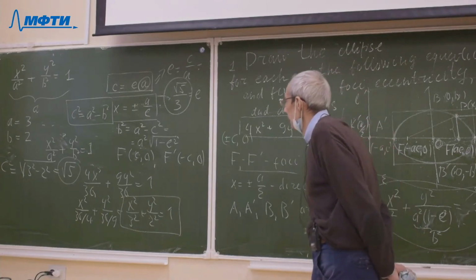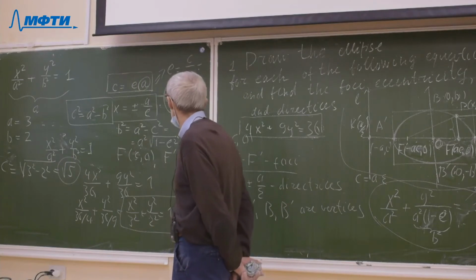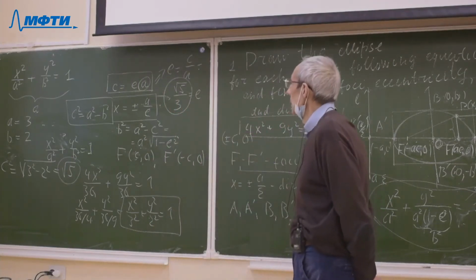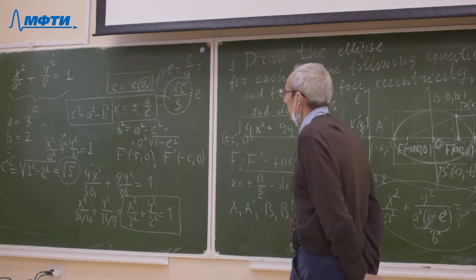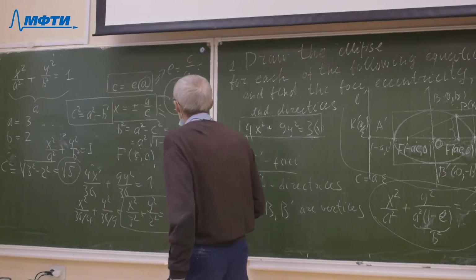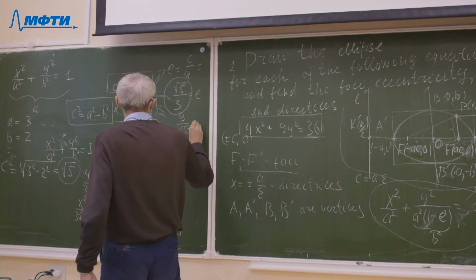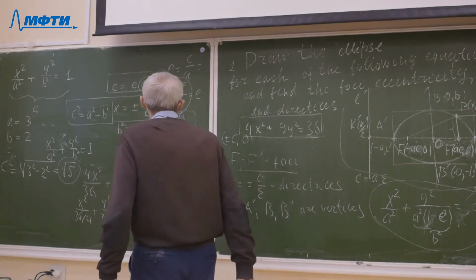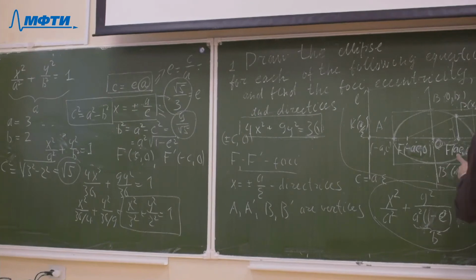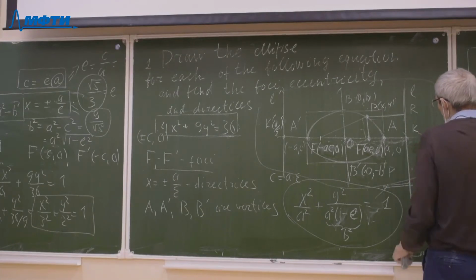And a is equal to 3, eccentricity is equal to the ratio root 5 over 3. And then this ratio is equal, in our case, to 9 over root 5. And in our case, we obtain the following picture.